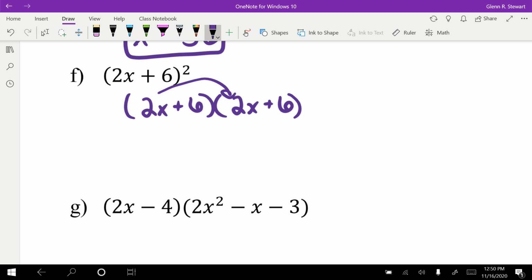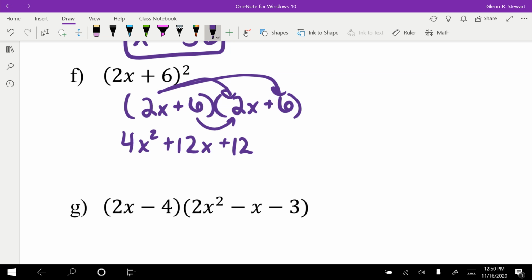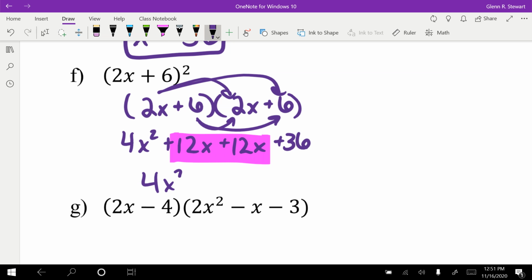So in this case, 2 times 2, so 4, and then x's, so x squared. 2x times 6, so you get 12x. 6 times 2x, so you get 12x. And 6 times 6, so you get 36. Combine your like terms. 4x squared plus 24x plus 36.